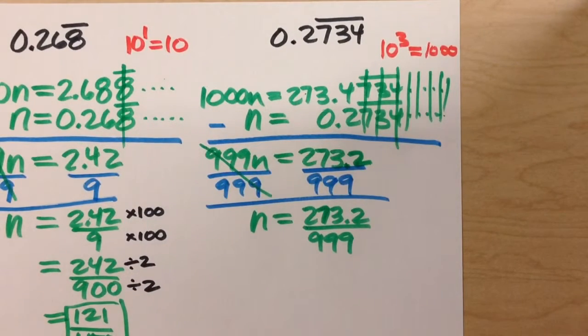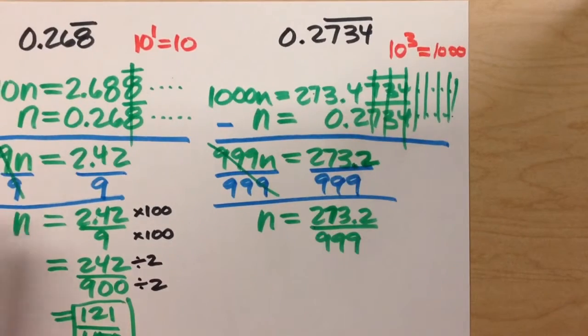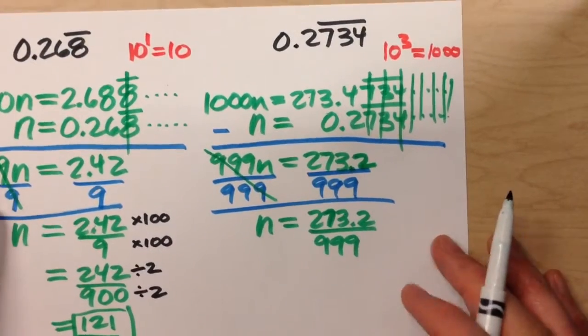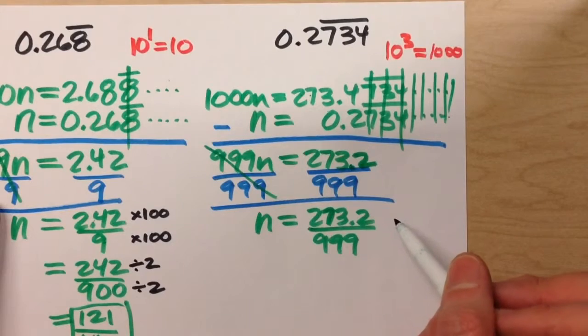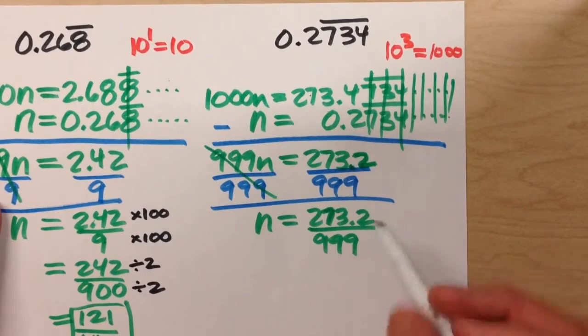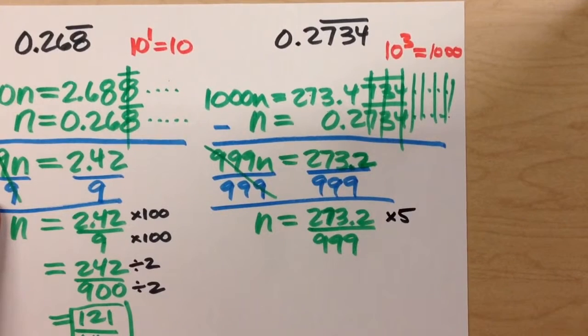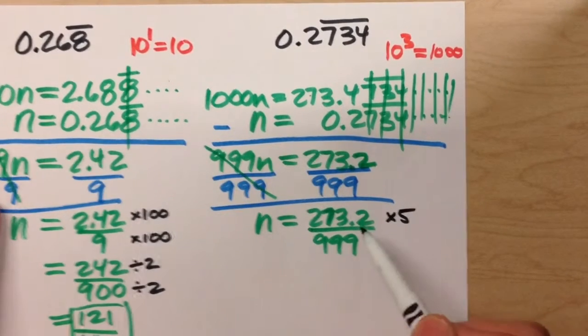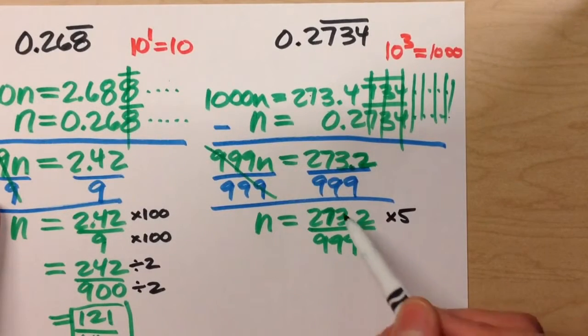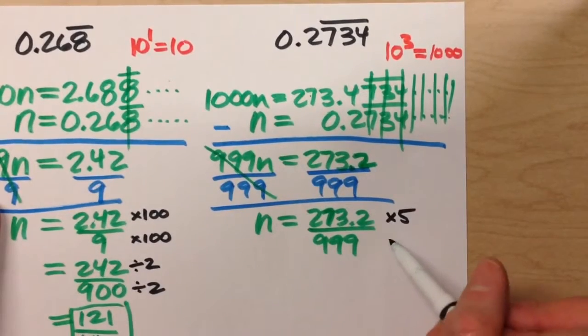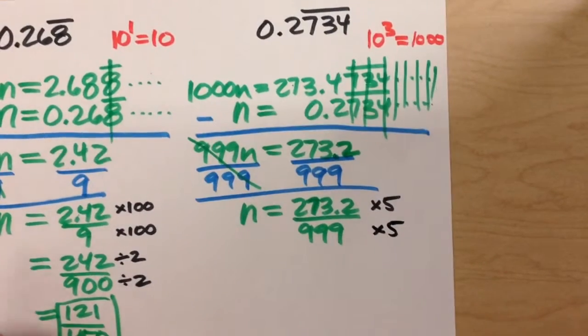But just like last time, we're not allowed to have decimals in our fraction. And I could multiply this by 10, but here's a quick trick. I know 0.2 times 5 will make a whole number. So instead of multiplying both the top and bottom by 10, I'm going to multiply the top and bottom by 5.